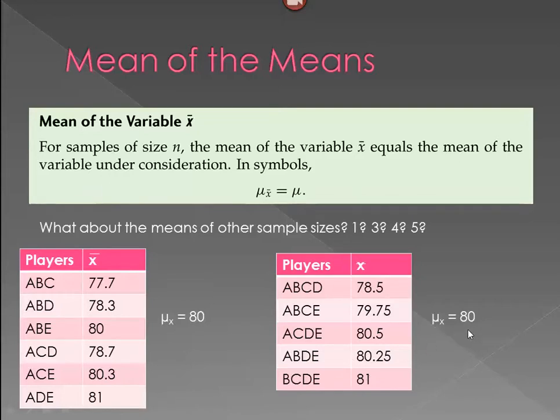So for every sample size that I pulled, the mean of all the means was always equal to the population mean. Now, you'll notice again that here I've got a sample size that's almost equal to my population size. The population size was 5. This is a sample size 4. And also I want to note that any one of these individual samples was not equal to the mean of the population, except for in a couple of random cases.